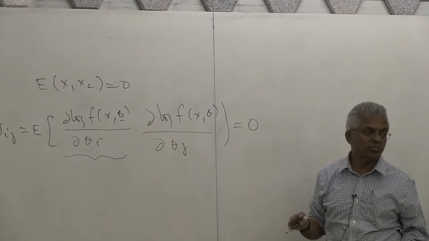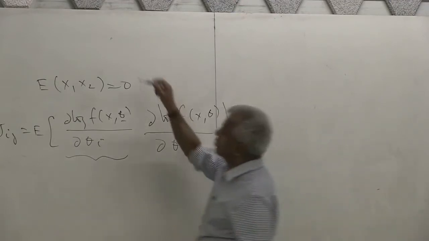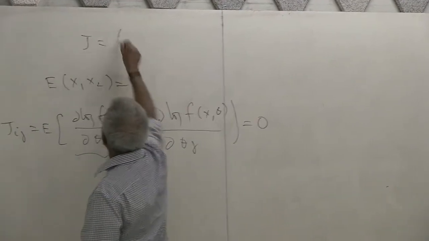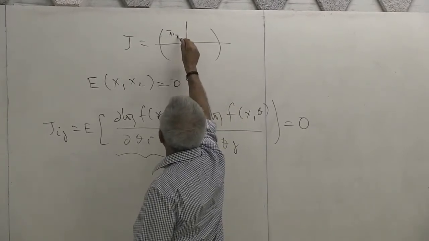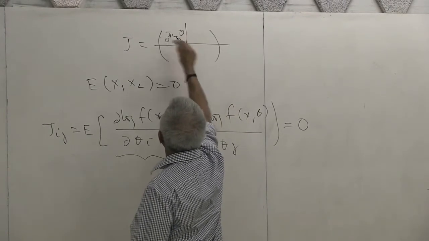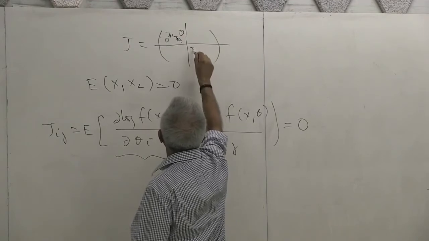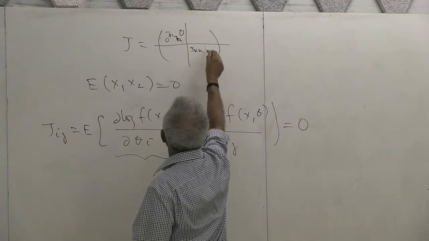So that's one and the same thing, but J could turn out to be like this. See, here it is J11, J22, etc. And here it is some JKK.